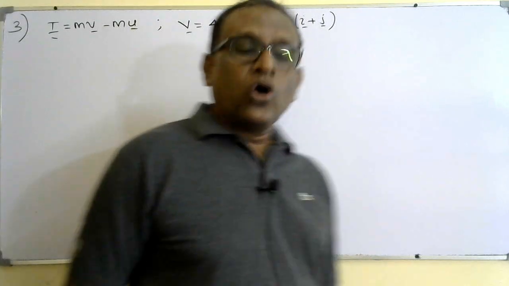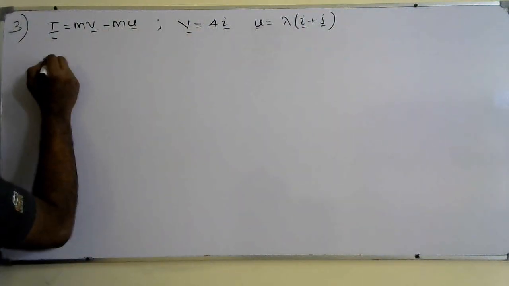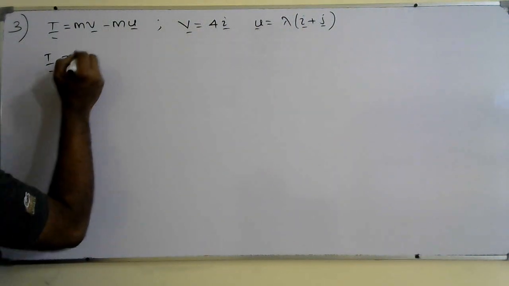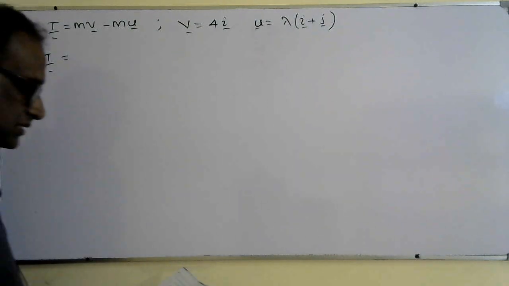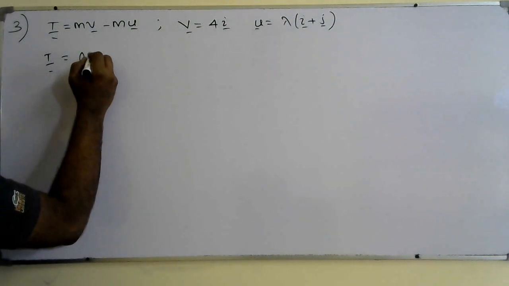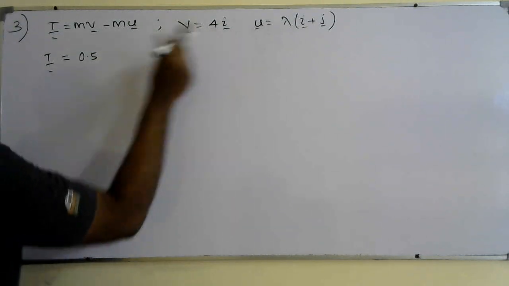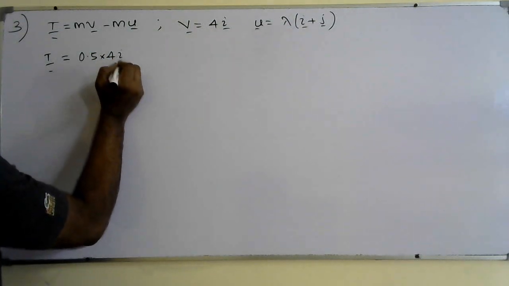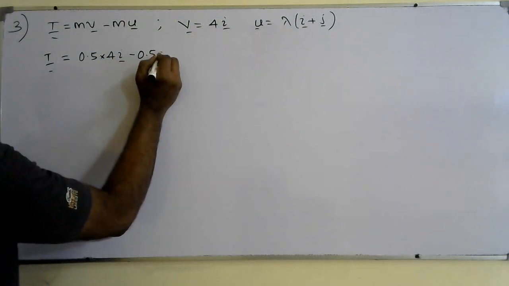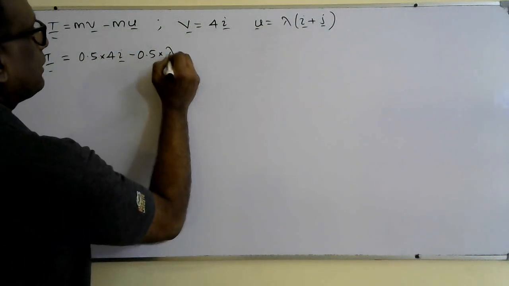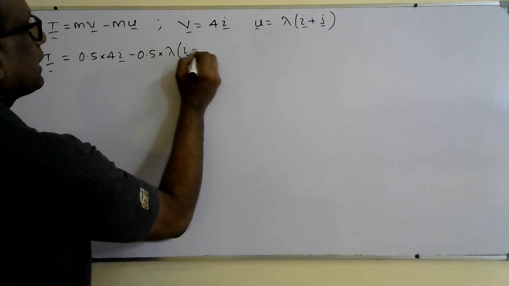We will substitute this here. So the impulse vector is the mass 0.5 times v, which is 4i, minus 0.5 times u, that is lambda i plus j.